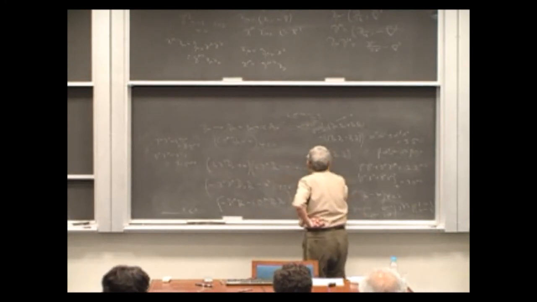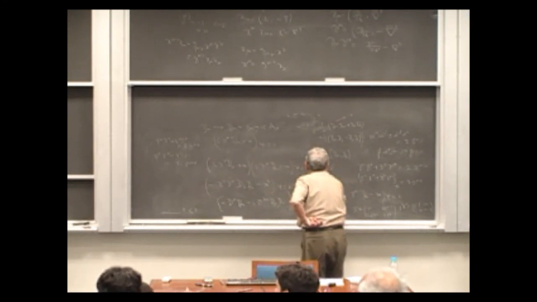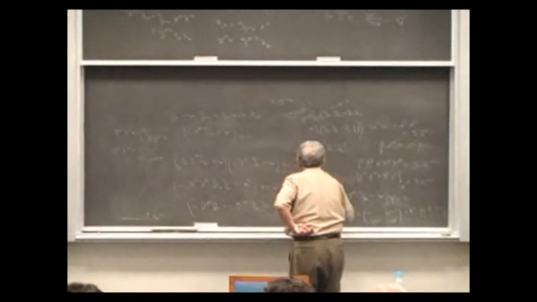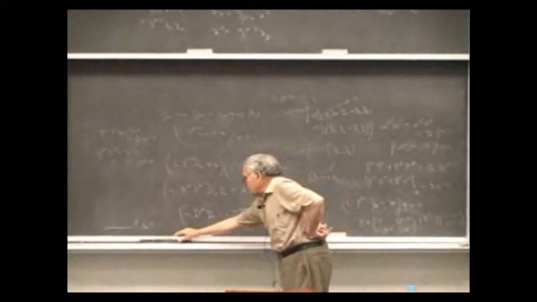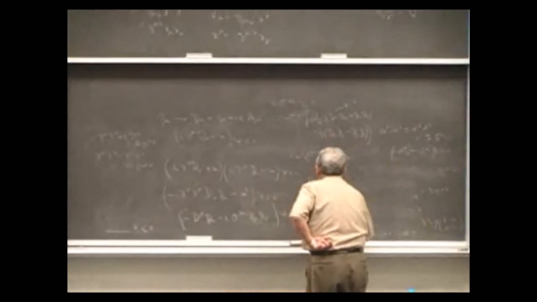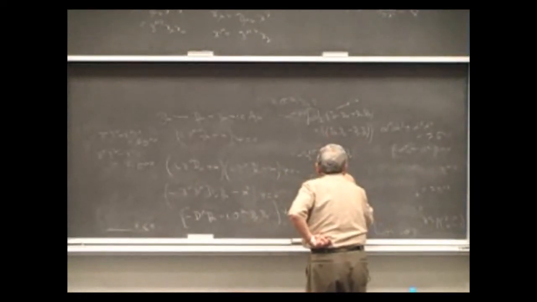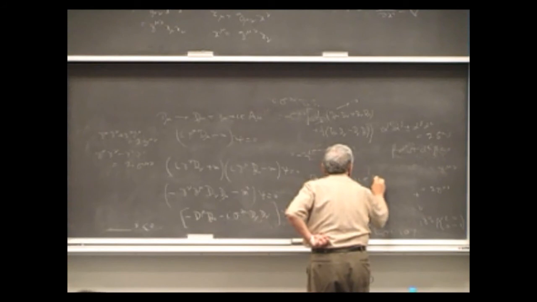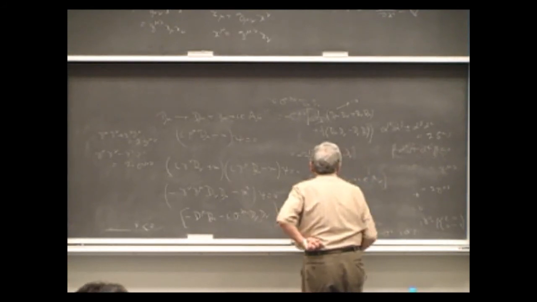Now this operator here is D mu equal to partial mu plus i e A mu, and so you can work it out.